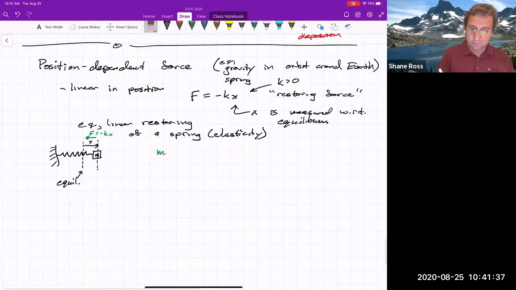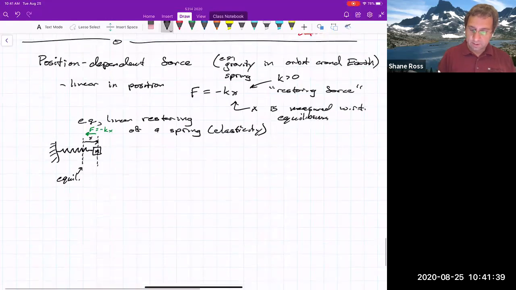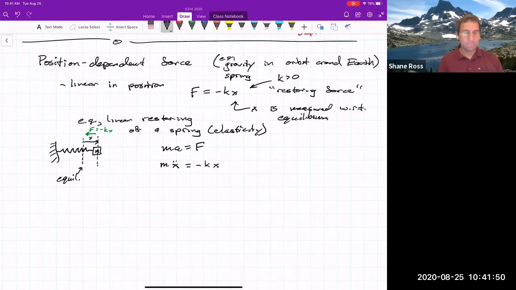All right, so ma equals F. In this case, we have m x double dot equals negative kx. And this has gone over in the book, tutorial 2.3.